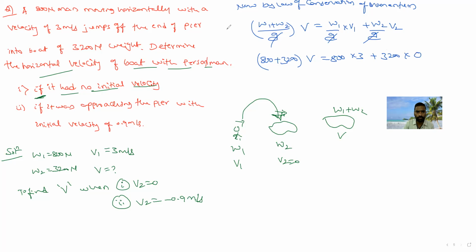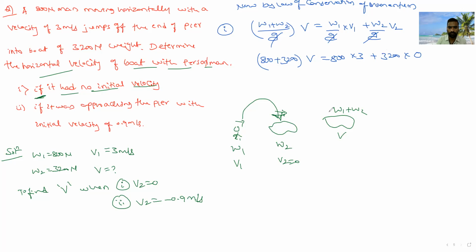So for the first case, determine the value of V. 800 into 3 divided by 4,000 is 0.6. Yes, correct, 0.6 meter per second. So this is the velocity of the boat with person.